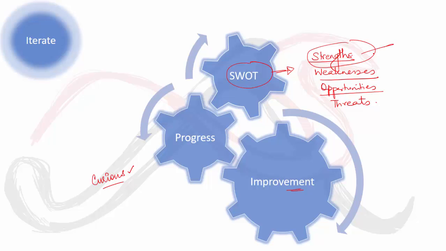Identify your strengths and maintain them. Minimize your weaknesses and convert them into strengths. Know your opportunities where you can score against your competitors, and eliminate your threats. This is the ultimate purpose of revising and re-revising. Each iteration should make a better version of you. That is the ultimate purpose.